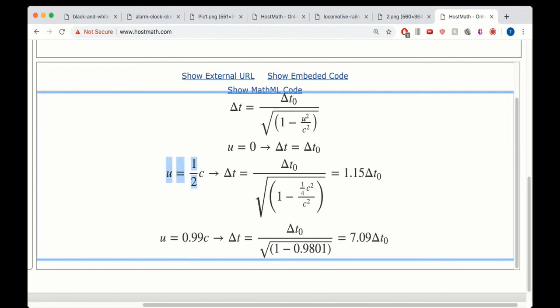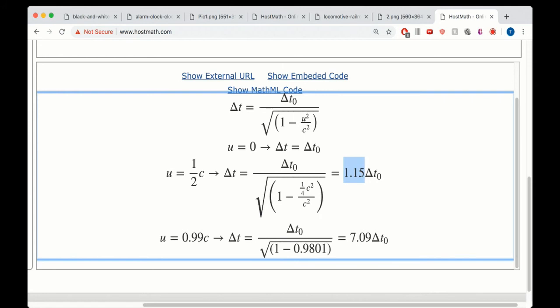So let's say u was 1/2 the speed of light. Then we plug in 1/2 c for u, and you see this 1/4 c squared over here. If we use a calculator, we'll see that delta t is now equal to 1.15 delta t0.